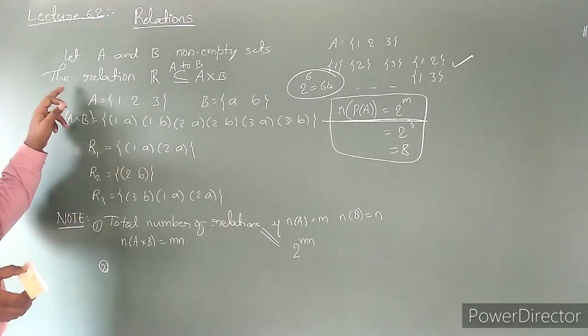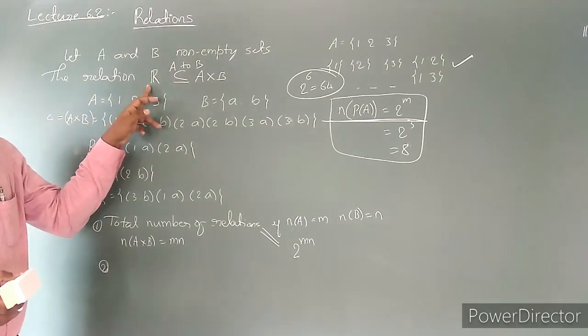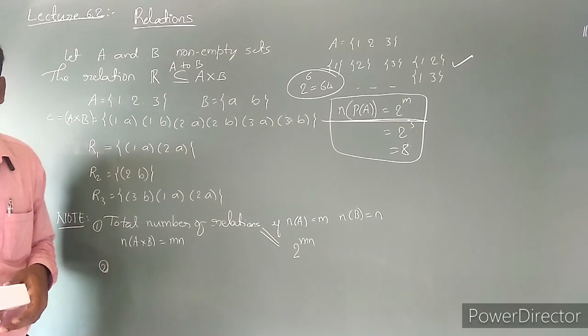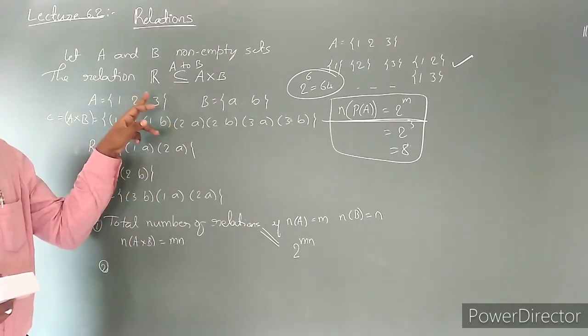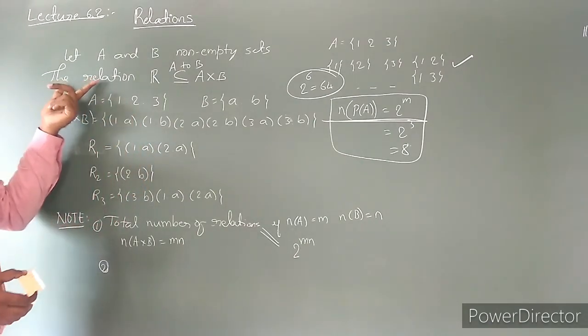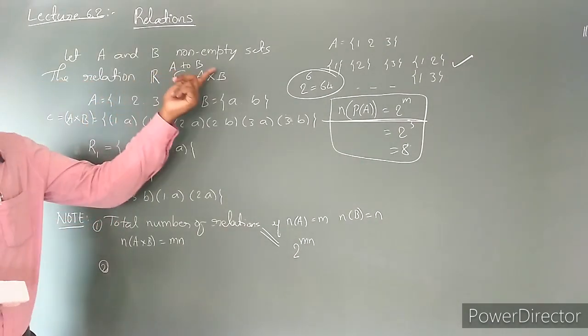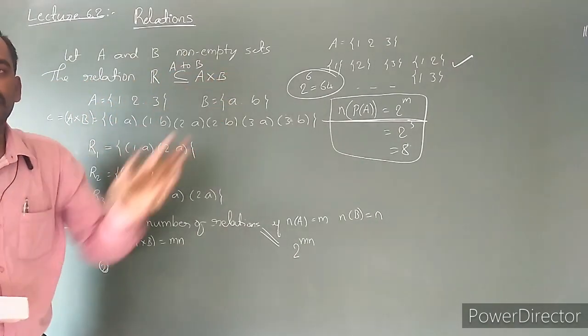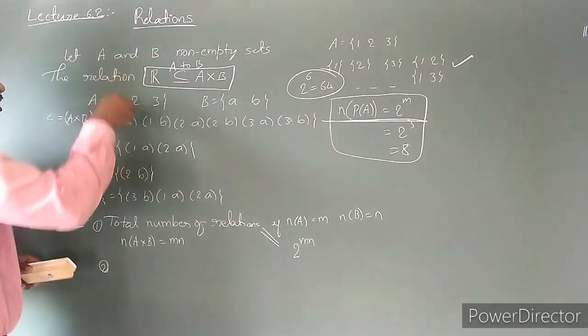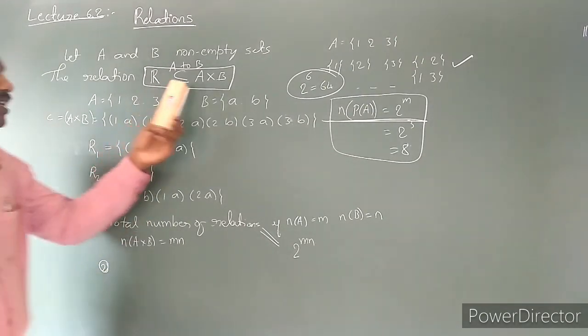Then the relation R from A to B is a subset of the Cartesian product A cross B. In words, a relation R from A to B is a subset of the Cartesian product A cross B. That is right. Then R is a subset of A cross B.